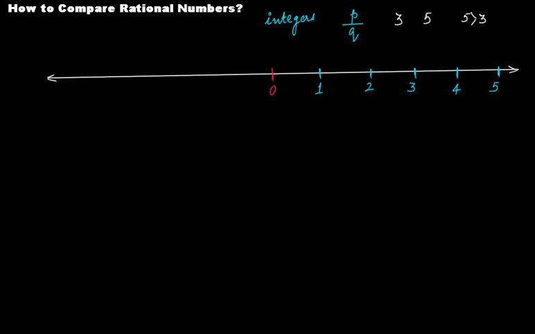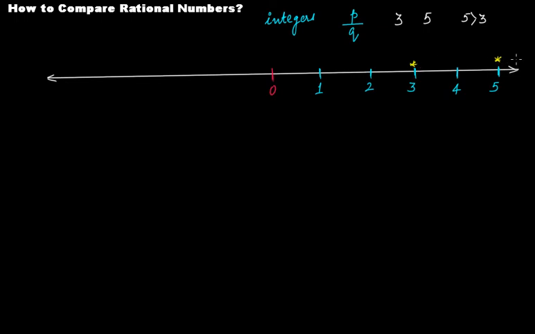Now, of course, if this number 5 comes here and this number 3 comes here. That's why we can see when we move towards the right on a number line, then the value goes on increasing, right? 5 is greater than 3, therefore 5 comes here towards the right of 3. That is, the higher value will always be towards the right.